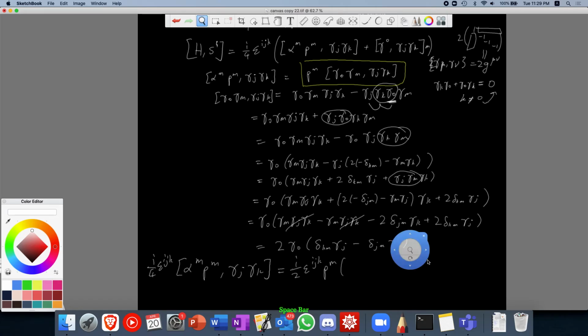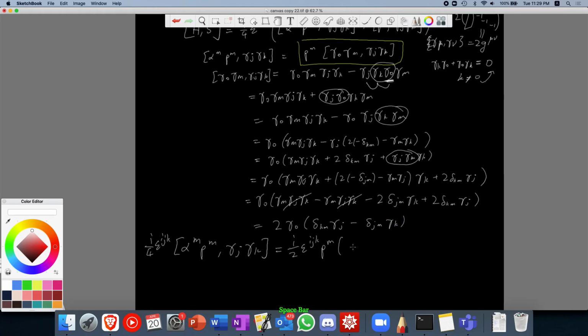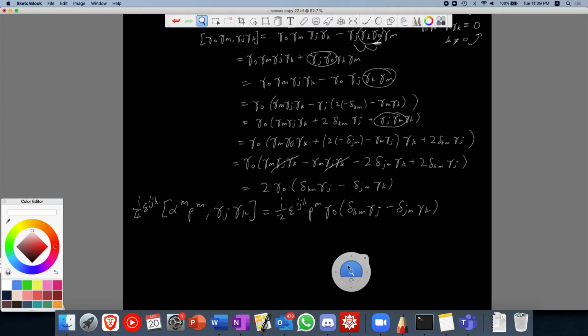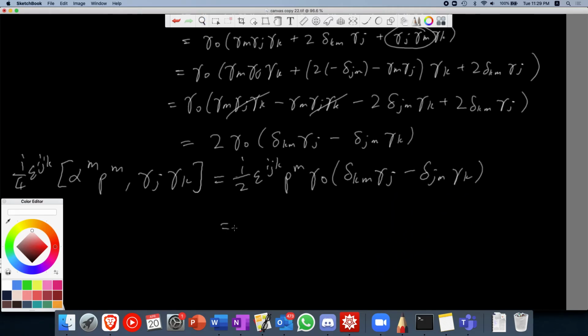Then we have gamma naught. Okay, then we zoom in here. So we have i over 2 Levi-Civita pm.